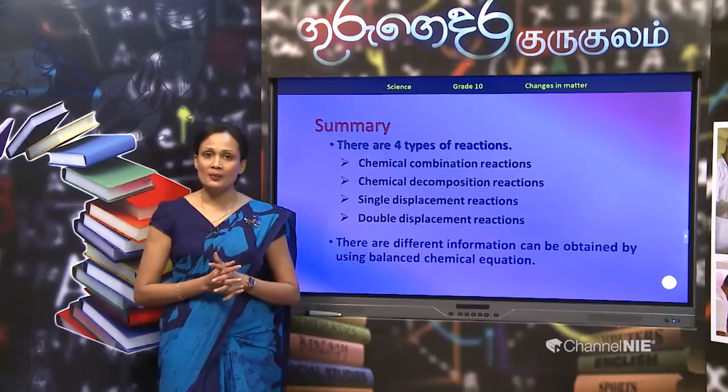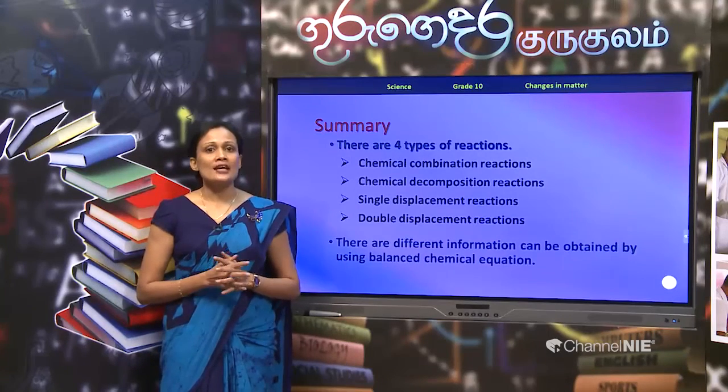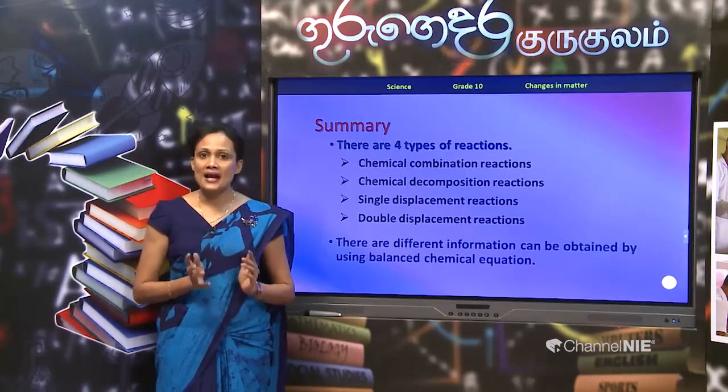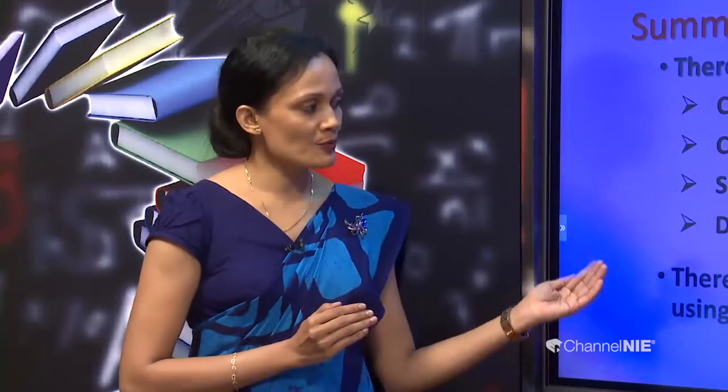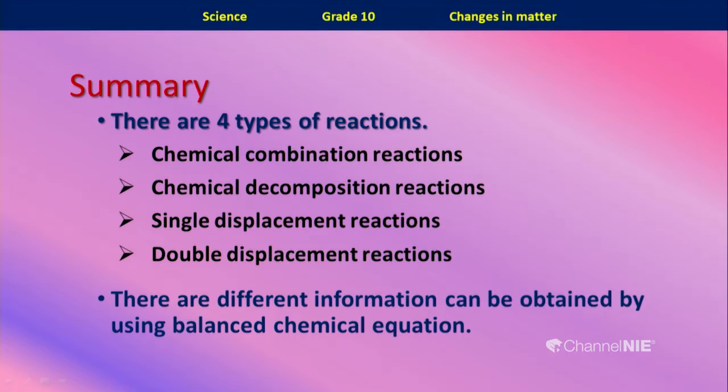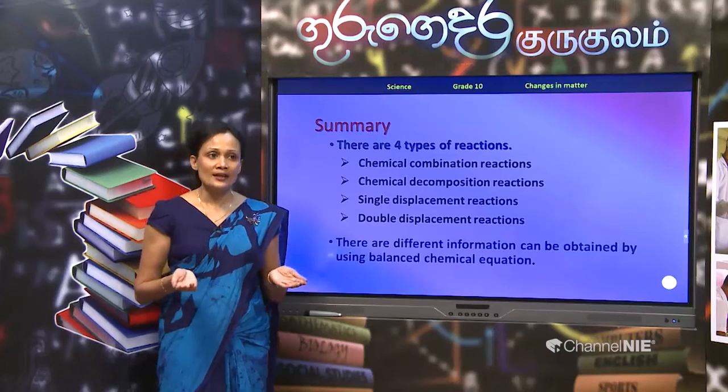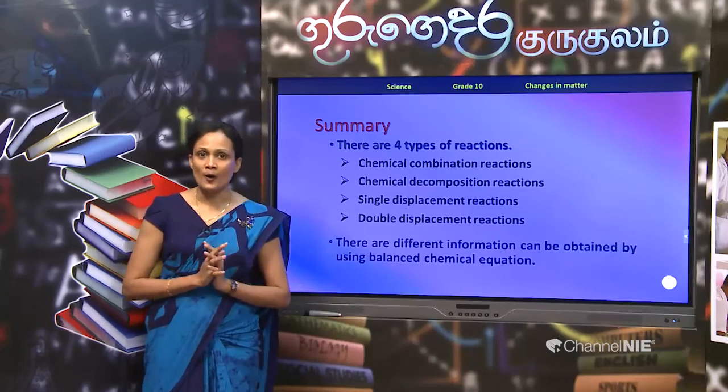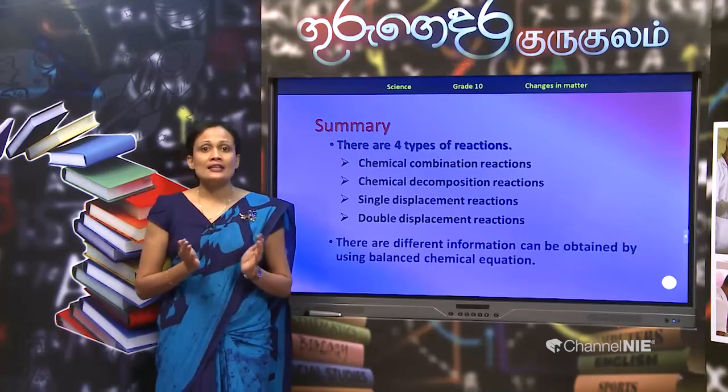Finally, we discussed the information that we can gain from balanced chemical equations. That means different information can be obtained by using the balanced chemical equation. So, we did some examples for that. Like that, we discussed the chemical changes in detail.